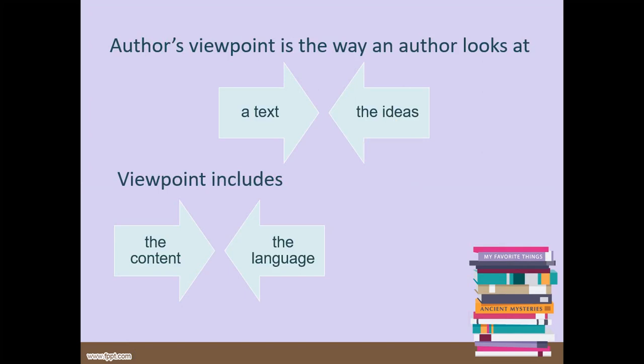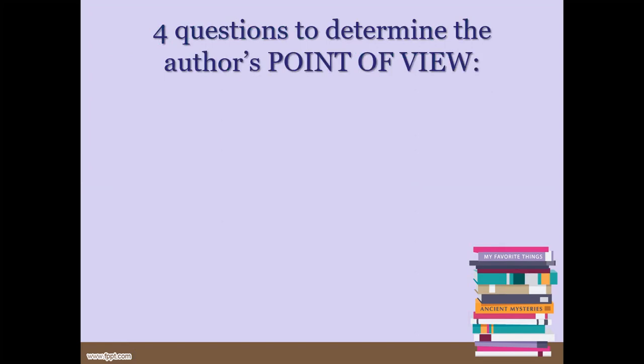Readers learn to identify stated or unstated viewpoints. And here we have 4 questions that help us to determine an author's point of view. When you start reading a passage, you can ask yourself these 4 questions, and you can easily define the author's point of view.